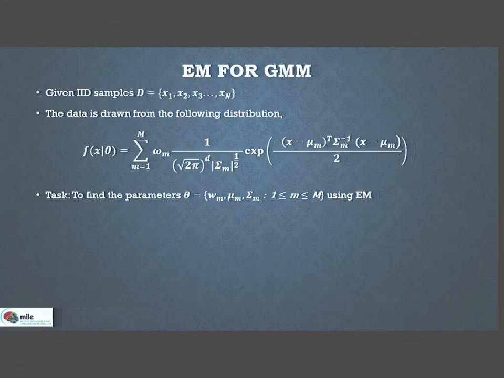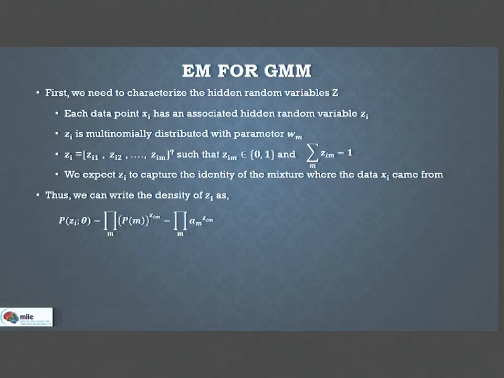And as I told you, in GMM, this hidden random variable z is a multinomially distributed random variable, where it is a one hot vector. By that I mean, for each data point you have this z.